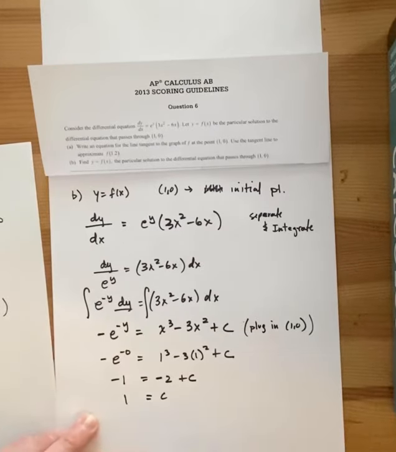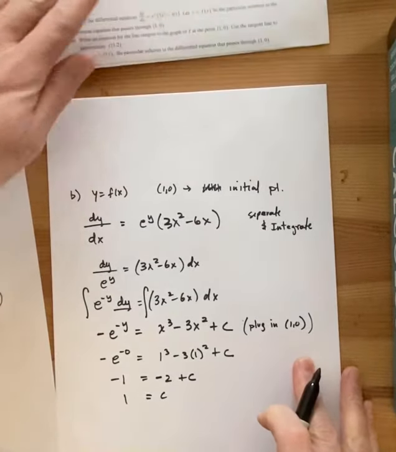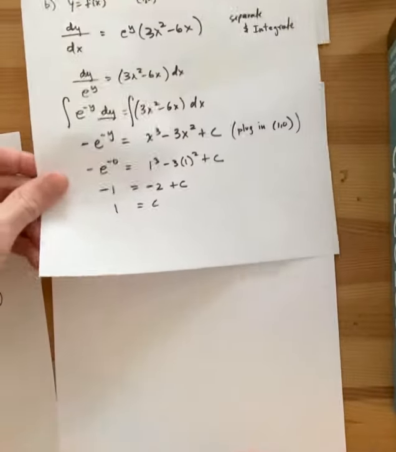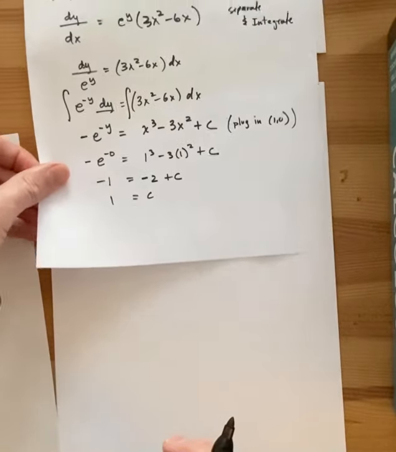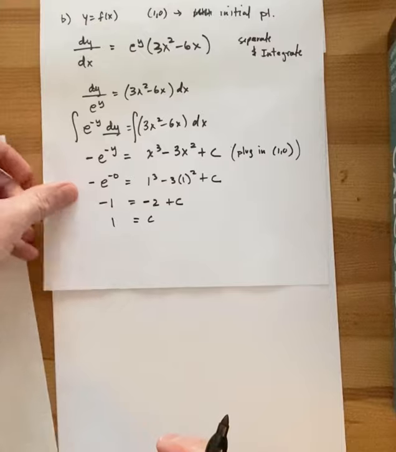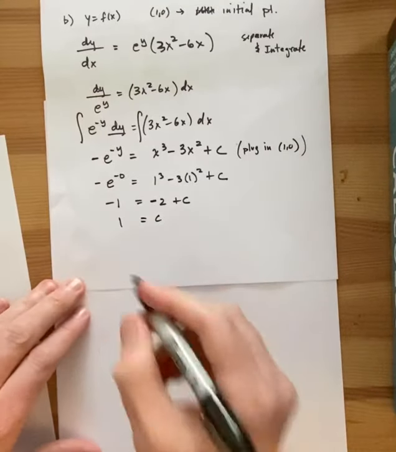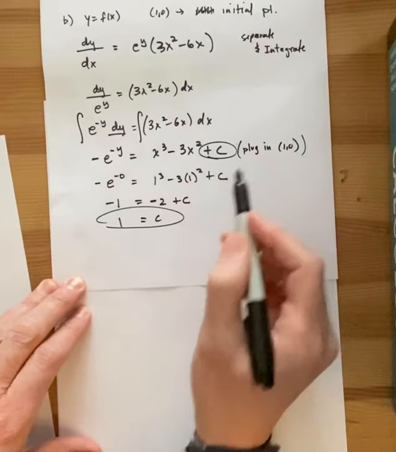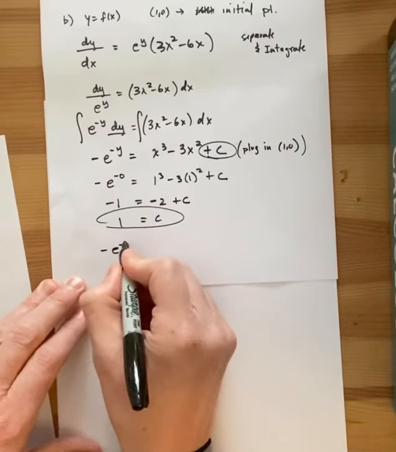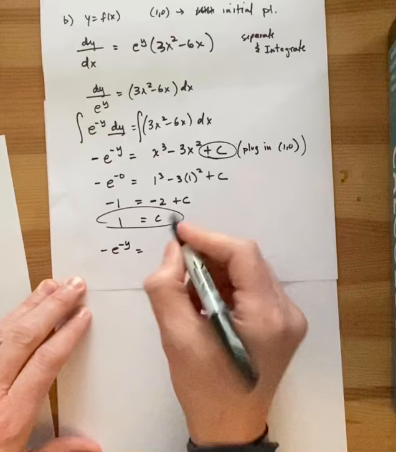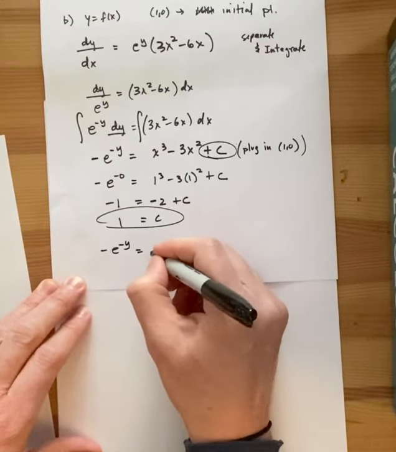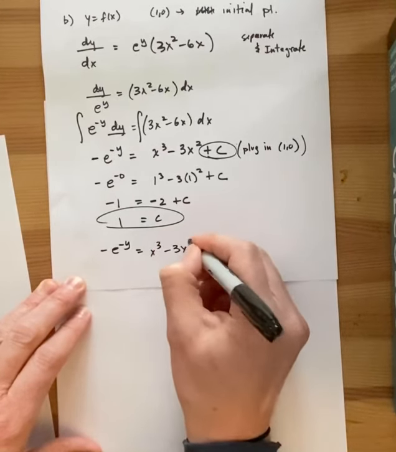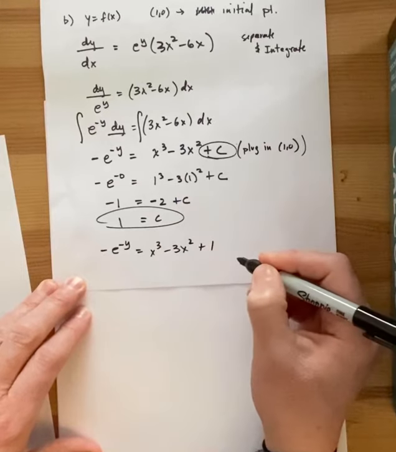All right, so c equals 1, and now we have the equation. So again, going back, plugging in here, negative e to the negative y equals x cubed minus 3x squared plus 1.